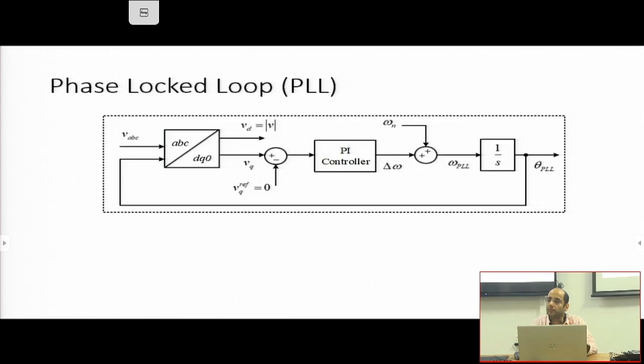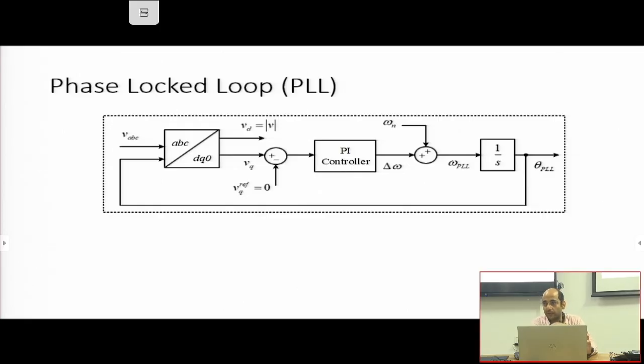Now you can convert voltages, currents, all the 3-phase quantities to DQ quantities, but we start with the voltage because at a given point the voltage is regulated. For example, here in our wall sockets, what do we get? A fixed voltage, and the current would depend on the load that we connect.